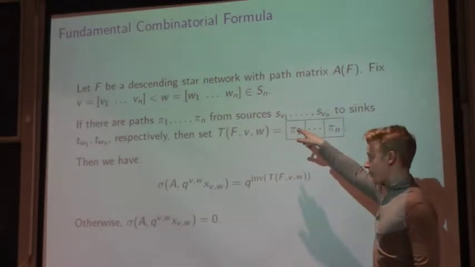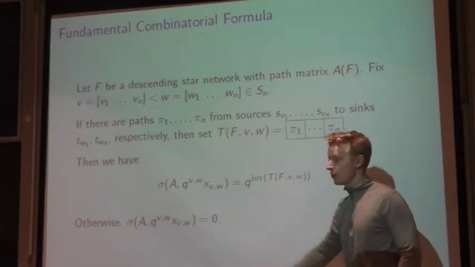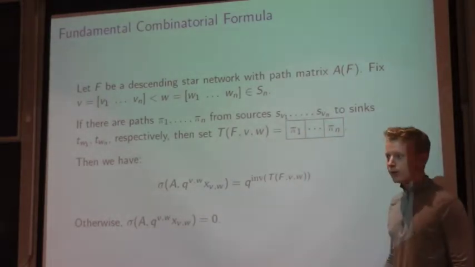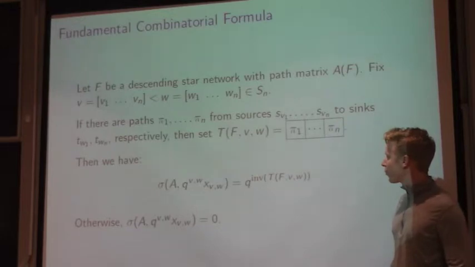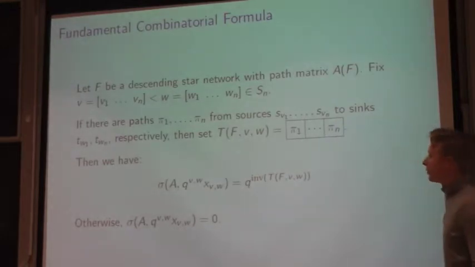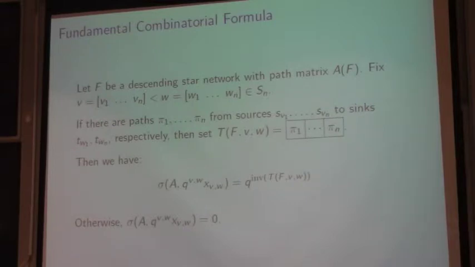And if we didn't have all those paths, then the evaluation will be 0 because we'll have a 0 entry. So that's the main result, which we can now use to get some other results. I'm not going to prove this.